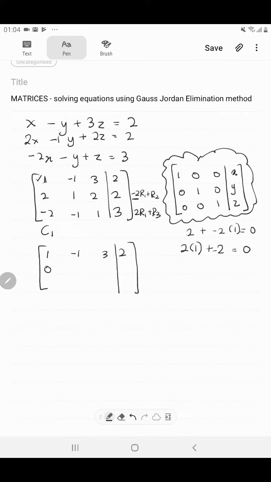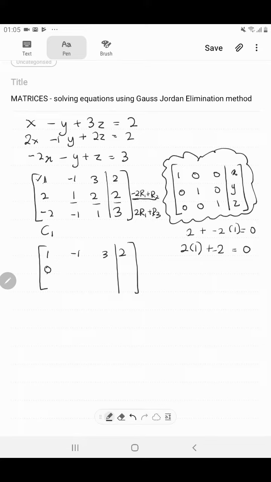Okay, so we've accomplished what we wanted to do, which is to get 0 for that column and that position. Now we will have to use the same operation for the rest of the row.